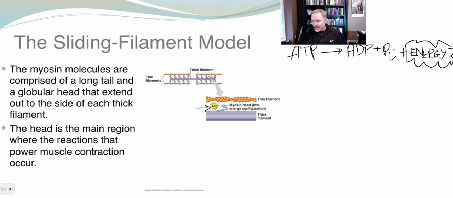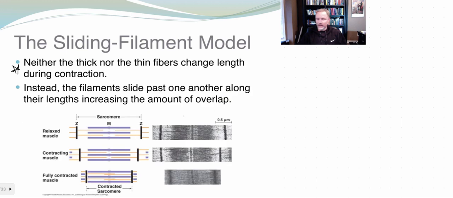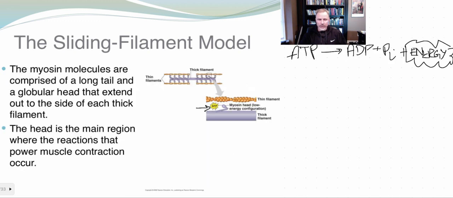And the myosin head now, if we go back, for instance, we can't see right here, but all along these little purple structures here, all along those structures are numerous myosin heads. So we can kind of see them right here, all along here. That's what these things are. And these myosin heads now, when they hydrolyze ATP, they get moved into a high energy configuration.